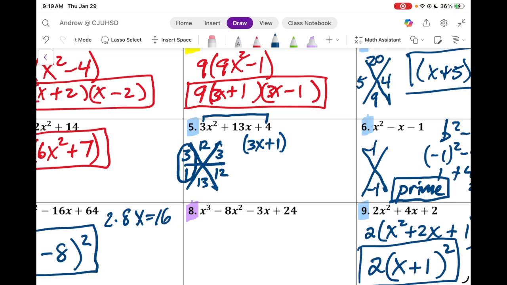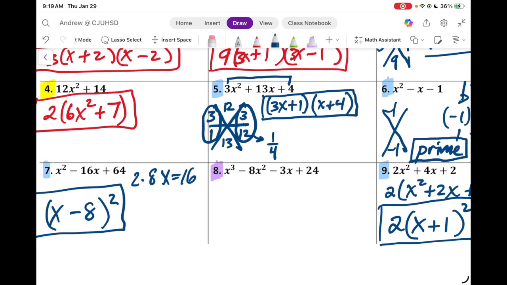Then you take 3 over 12 and say, if that was a fraction, is that reduced? No, it would have to be 1 over 4 to be reduced. Then this would be x plus 4. And there you go. It's all factored. That is one of many ways to factor.